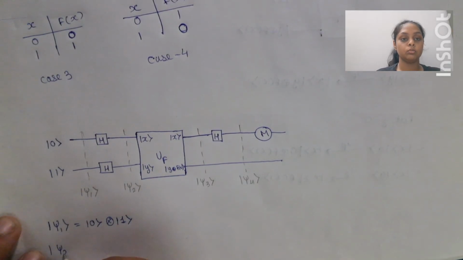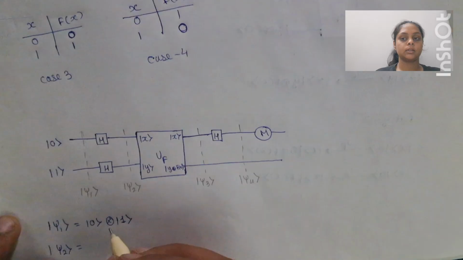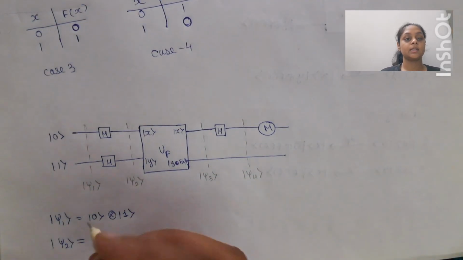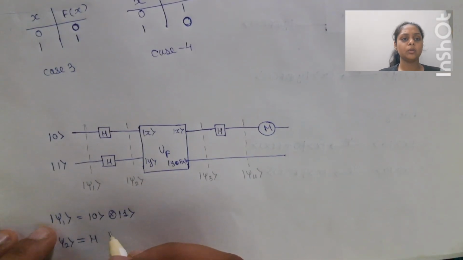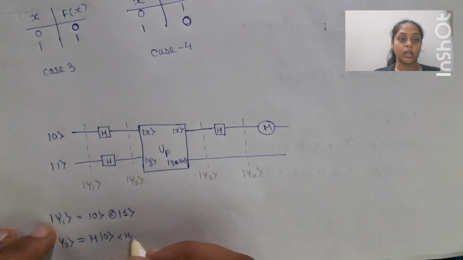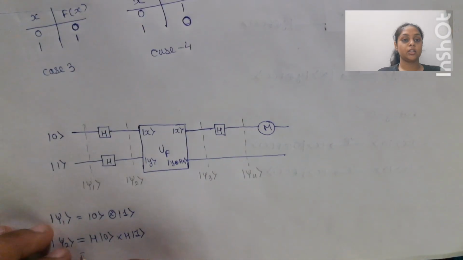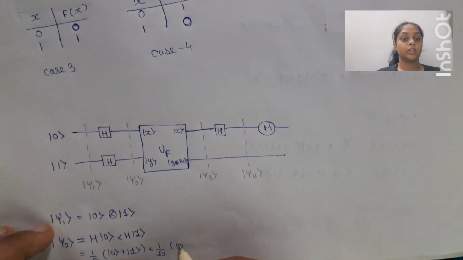The |psi 2> is given as, here the Hadamard gate is applied to both the qubits, that is |0> and |1>, which is equal to 1 by root 2 (|0> plus |1>) into 1 by root 2 (|0> minus |1>).